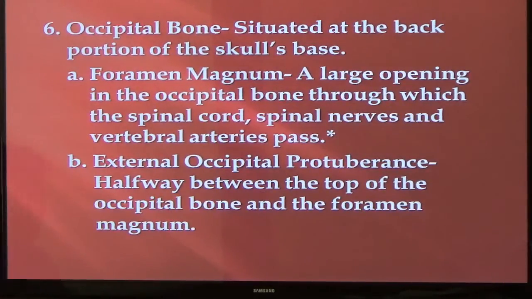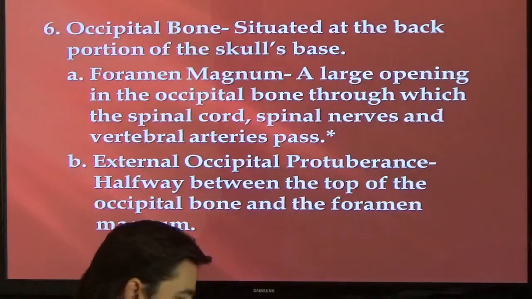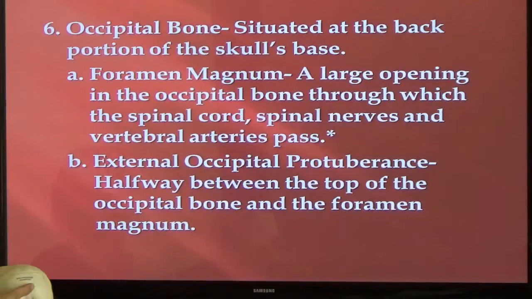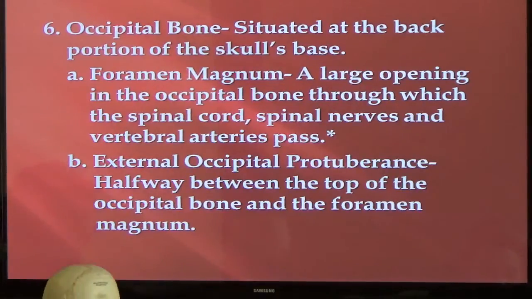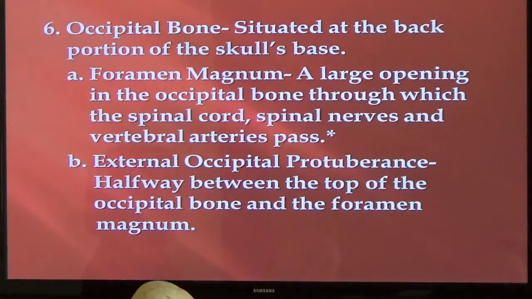External occipital protuberance is this little bump. If you feel the back of your skull, you'll feel a bump, that's the external occipital protuberance. Protuberance is just another word for bump.